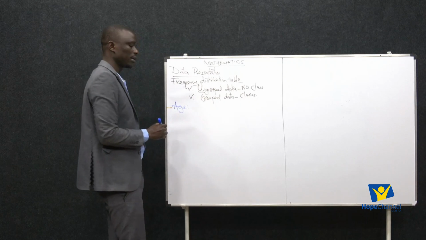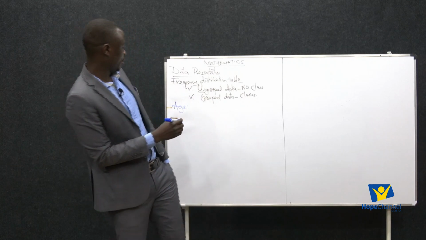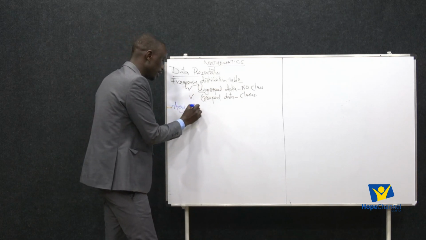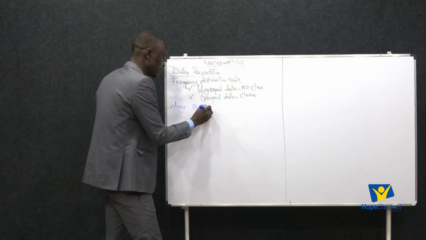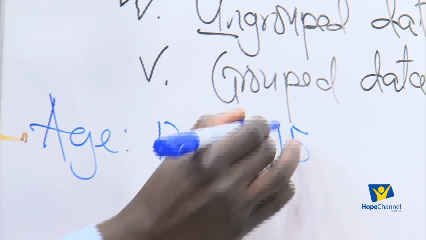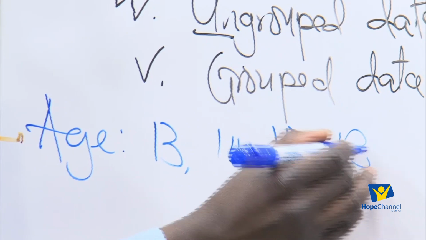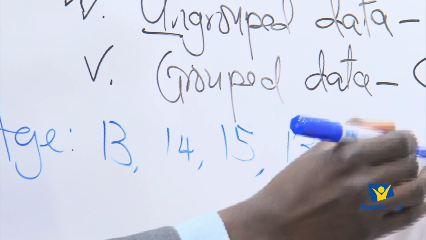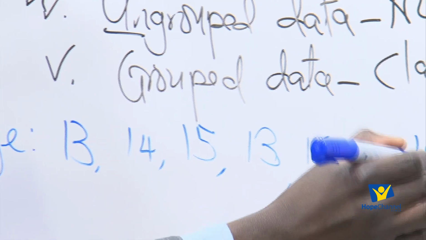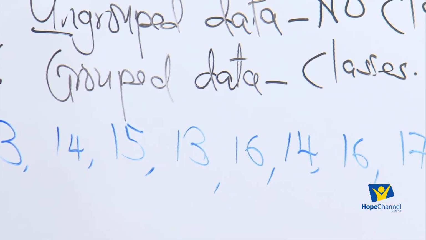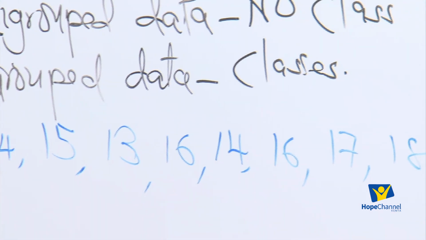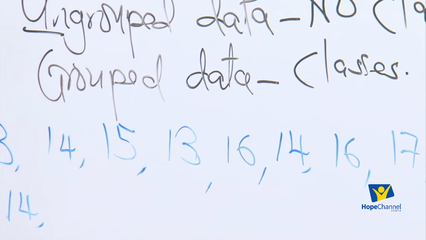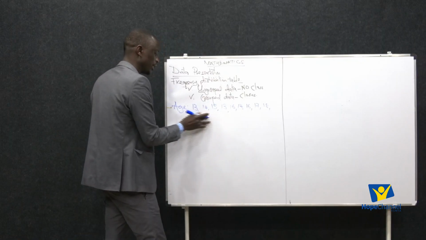Assuming that in a class we have students aged 13 years, 14 years, another student 15 years, another one 13 years, another 16 years, another 14 years, the other one 16 years, another 17 years, another 18, another maybe 14 again, and maybe another one 20 years.